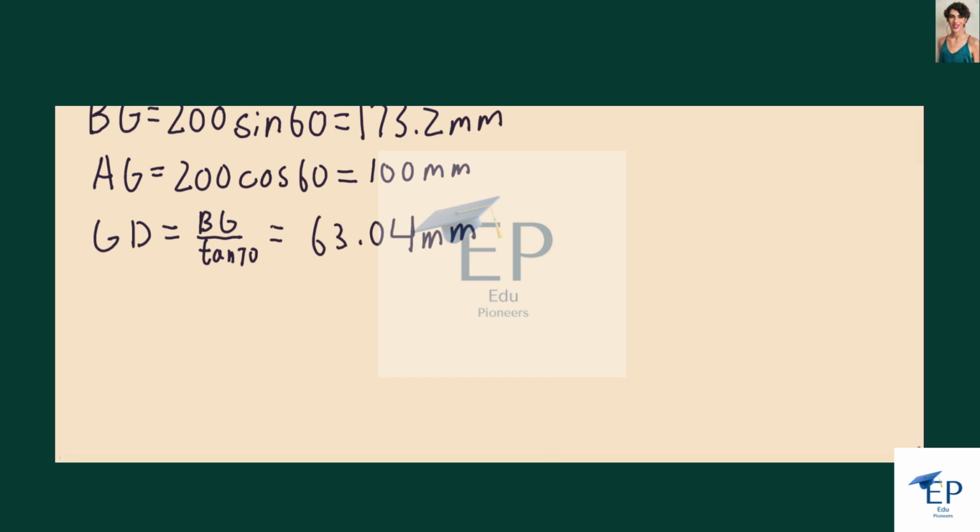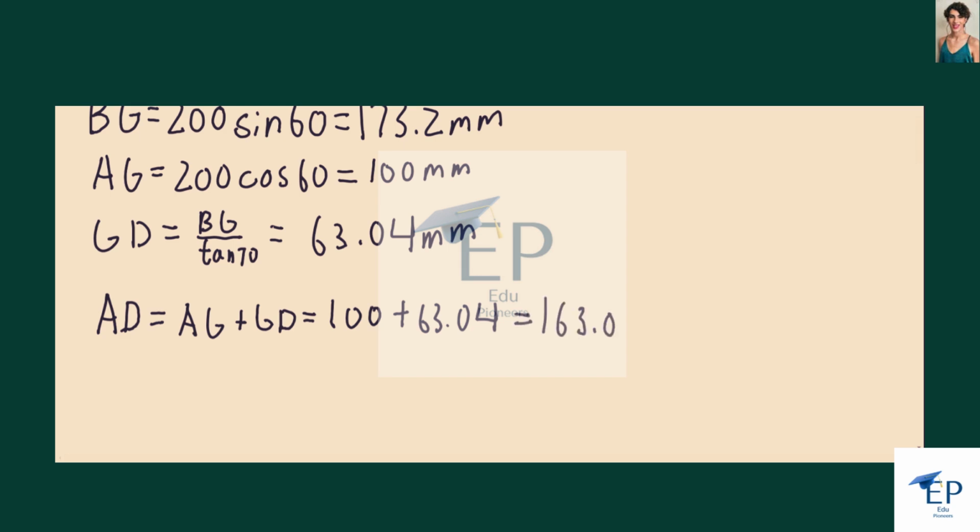And next we'll find length AD. From the free body diagram, we can see that length AD is going to be equal to length AG plus length GD. So that's going to be 100 plus 63.04, which will be equal to 163.04 millimeters.